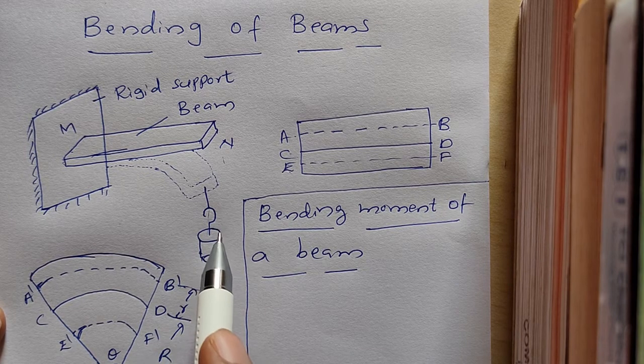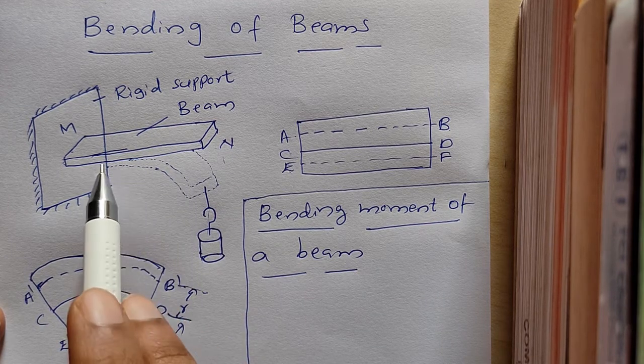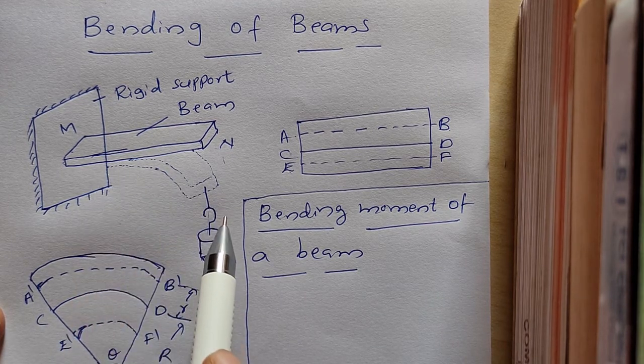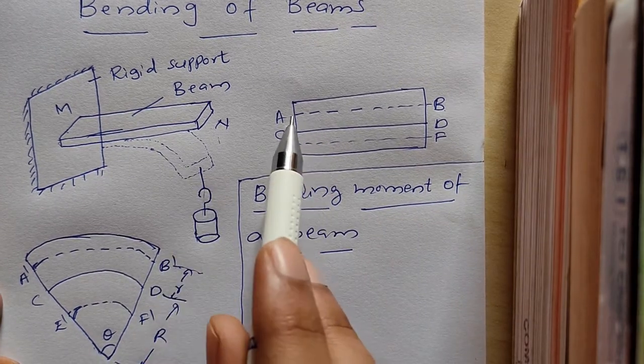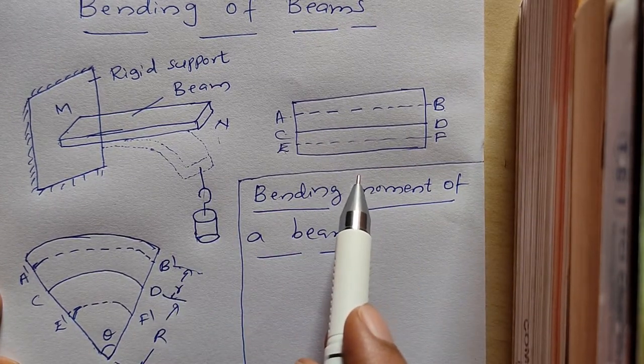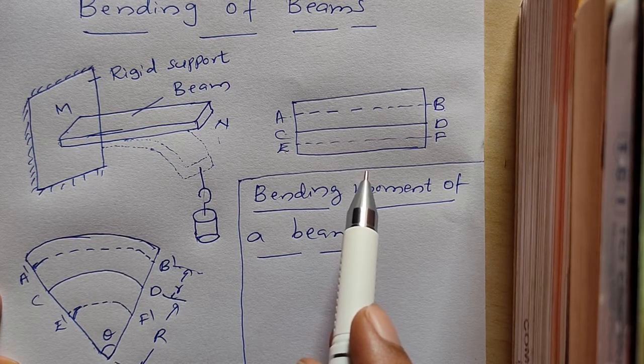When a load is added to the free end of the beam, we know that the beam is going to bend, and the successive layers, these various layers, are getting strained.